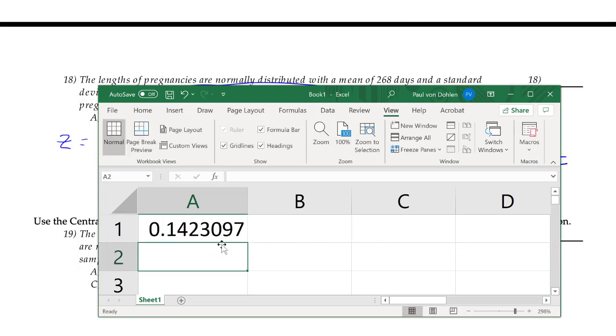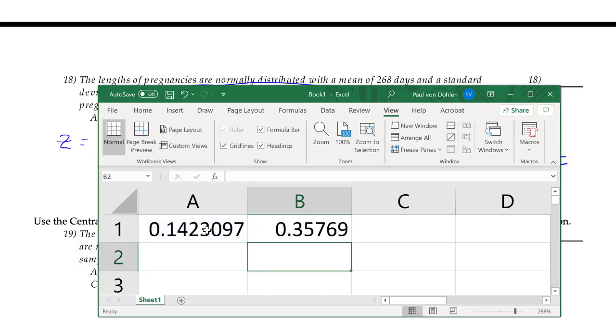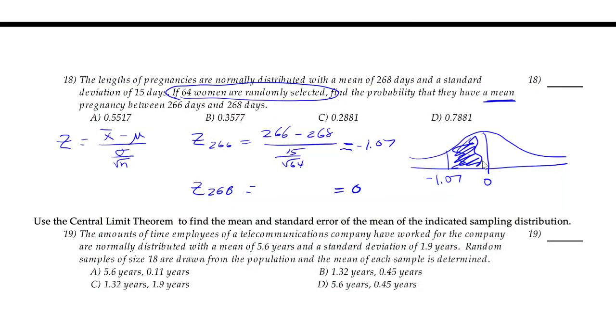That's the area below negative 1.07, and this time I'm going to do 0.5 minus that because of the z-score of 0, and I get 0.3577. And that's B there.